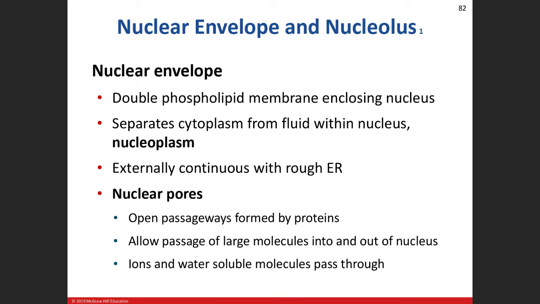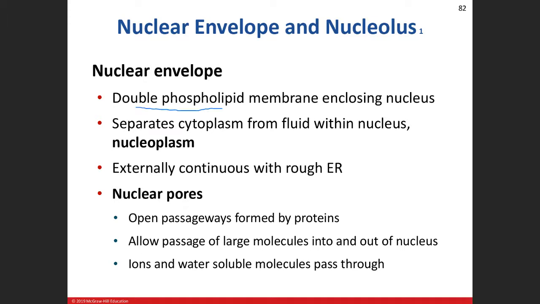Anyways, when we're talking about our nucleus, it's similar to the plasma membrane, which provides the cell with its envelope that separates the internal cellular environment from the external cellular environment. The nucleus also has its own envelope, and it's similar in the fact that it's a phospholipid bilayer.